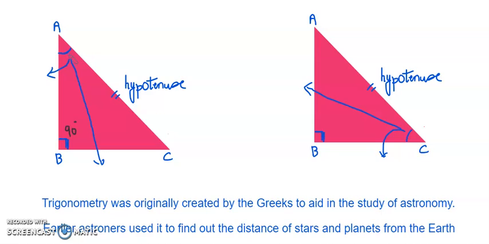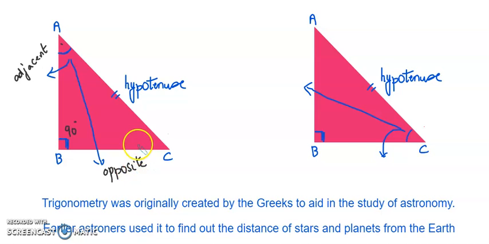That means which side is the adjacent side? Adjacent means just next to it. So if you see here, AB becomes the adjacent side, whereas for the same angle A, BC becomes the opposite side.